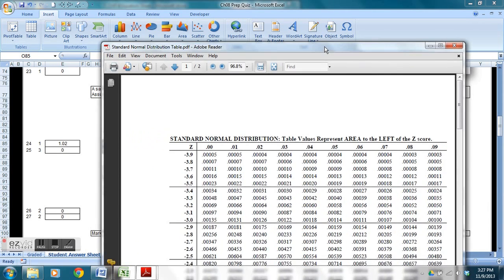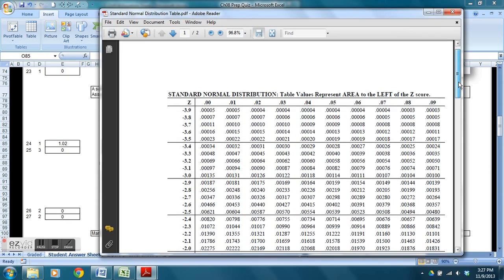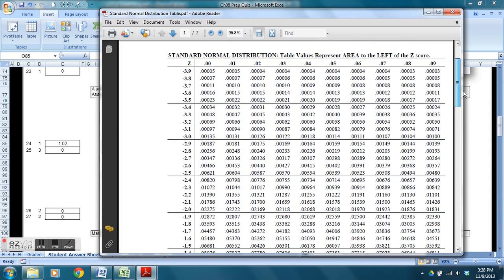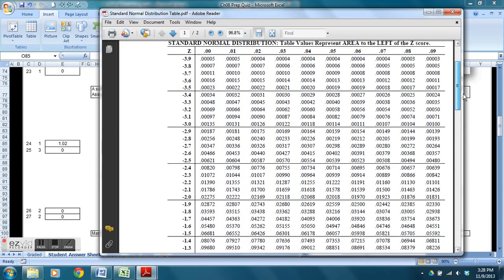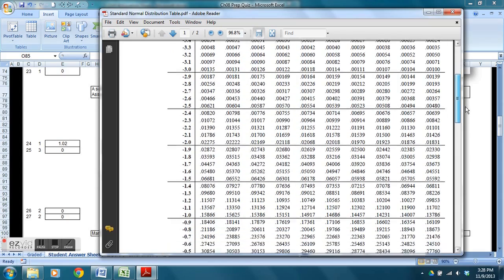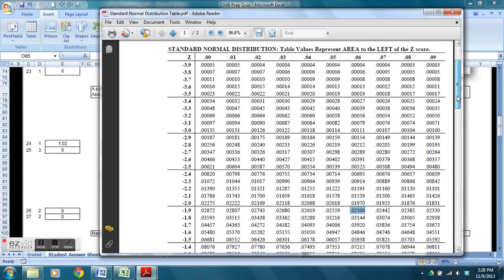So where is that 0.025? Right here. So that is, in this case, negative 1.96.